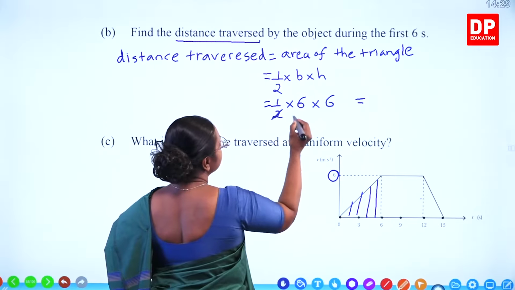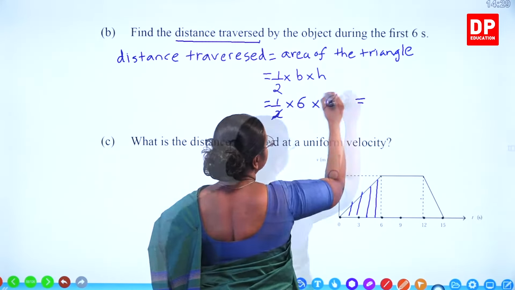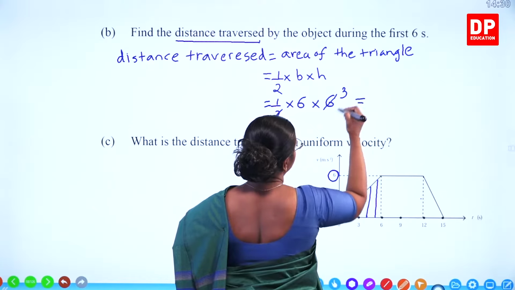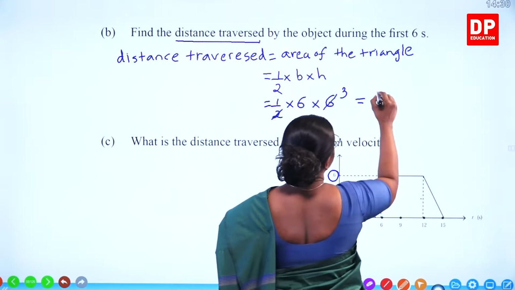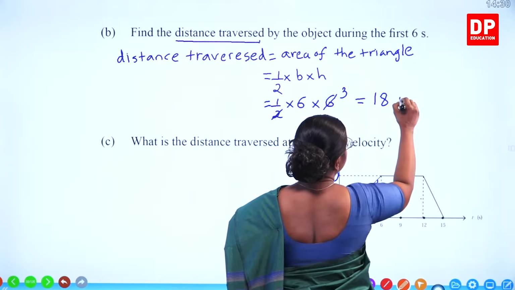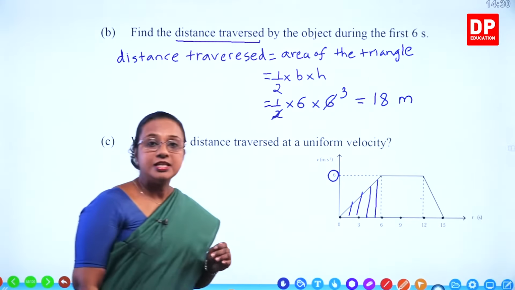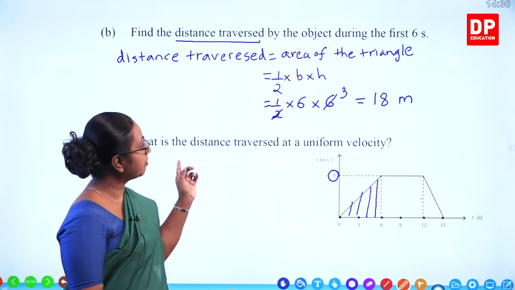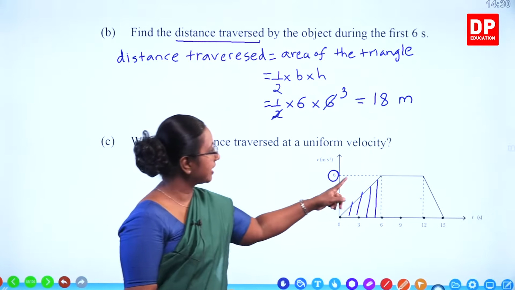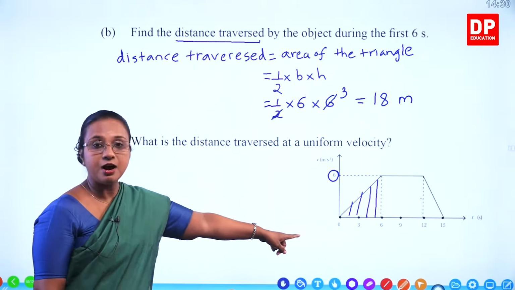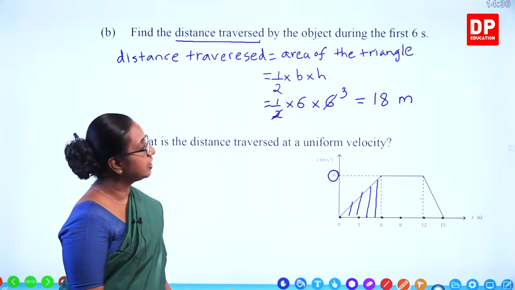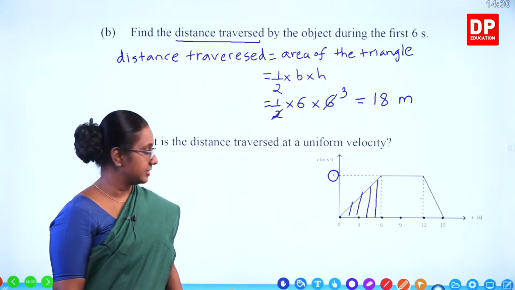Here you can cancel off half and 6. So, 2 can simplify 6. So, it will become 3. 3 into 6 becomes 18 meters. So, the distance traversed by the object within the first 6 seconds is equal to the area of the triangle, and that is equal to 18 meters.